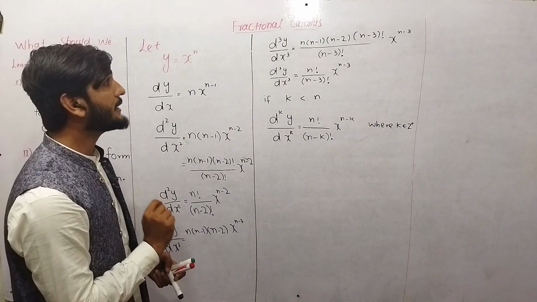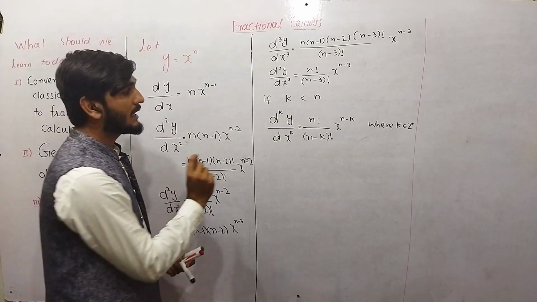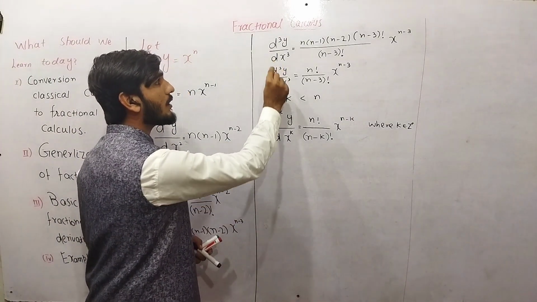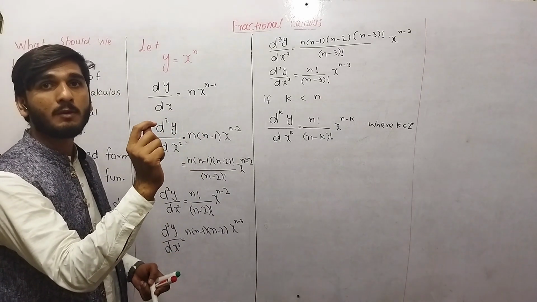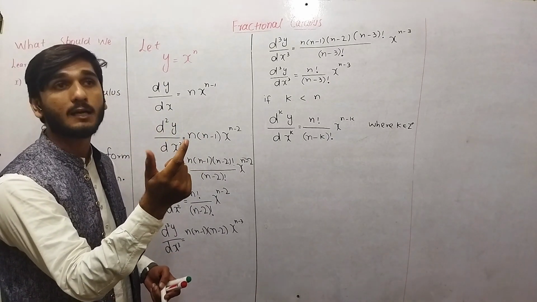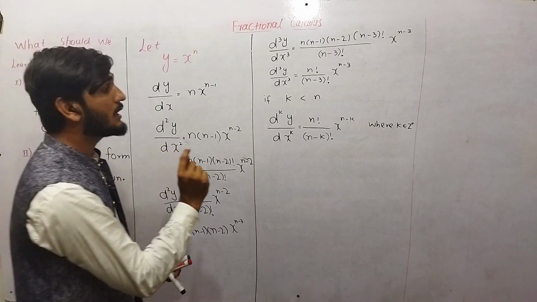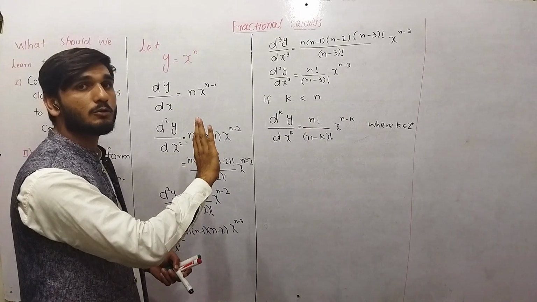As we are studying fractional calculus, we want to move the derivative order beyond the ordinary numbers 1, 2, 3, to arbitrary numbers, which may be 1 over 2, which may be pi order, which may be a plus b iota orders. It means we want to move our system from classical to fractional.